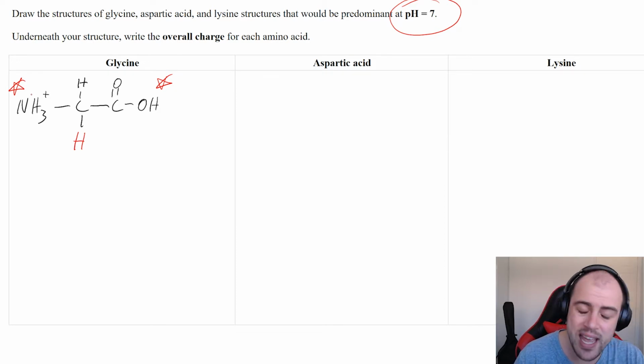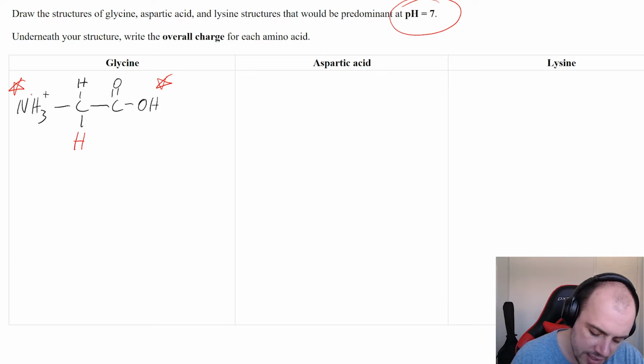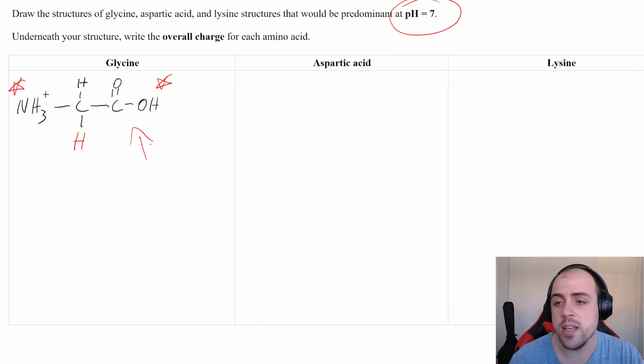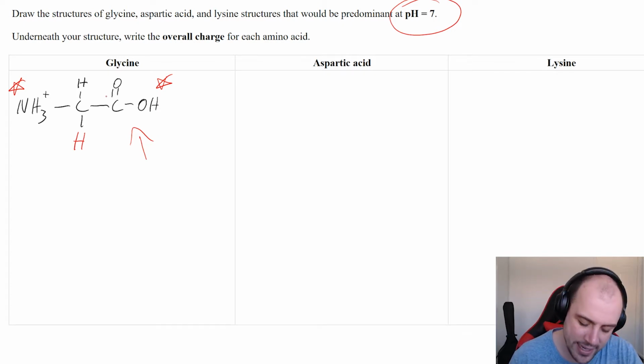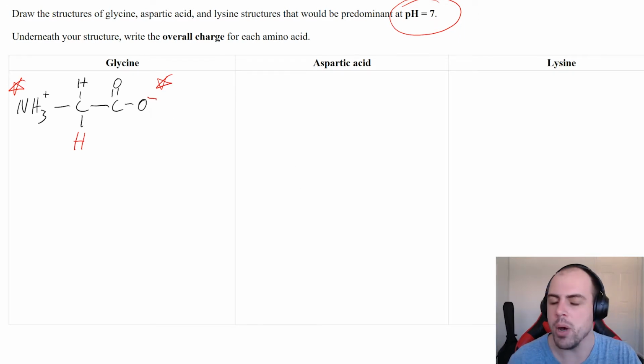This is actually going to stay as NH3+. Now, looking on the other side, looking at our carboxylic acid over here, what we are going to see with this one is it's going to lose that hydrogen because this carboxylic acid, the hint's in the name, it is acidic. So at a pH of 7, this is going to be O-.